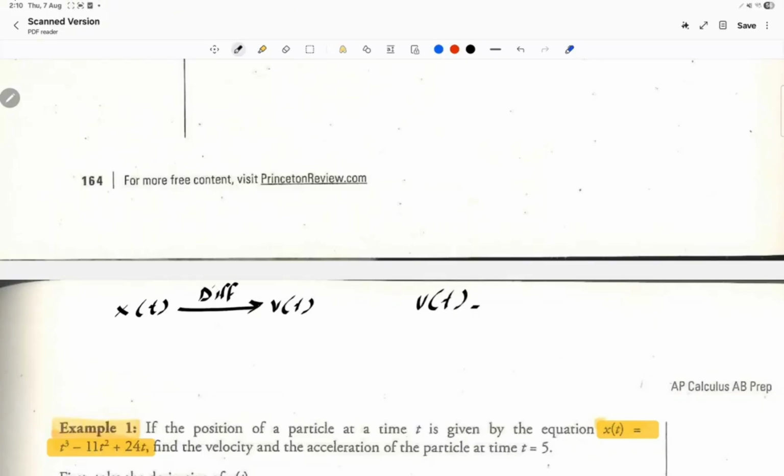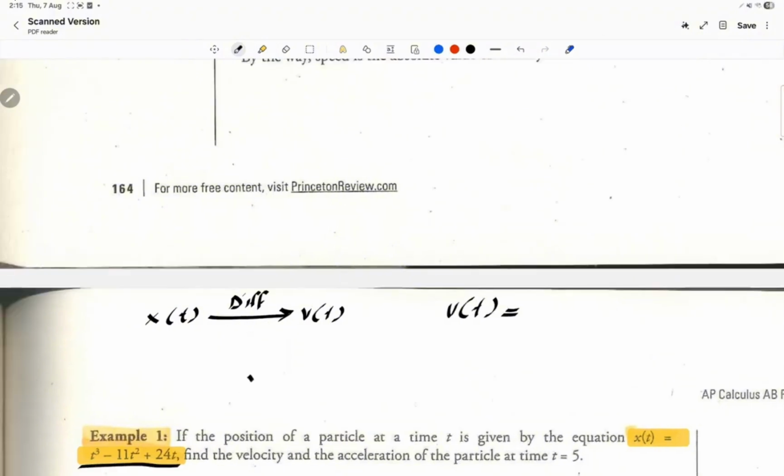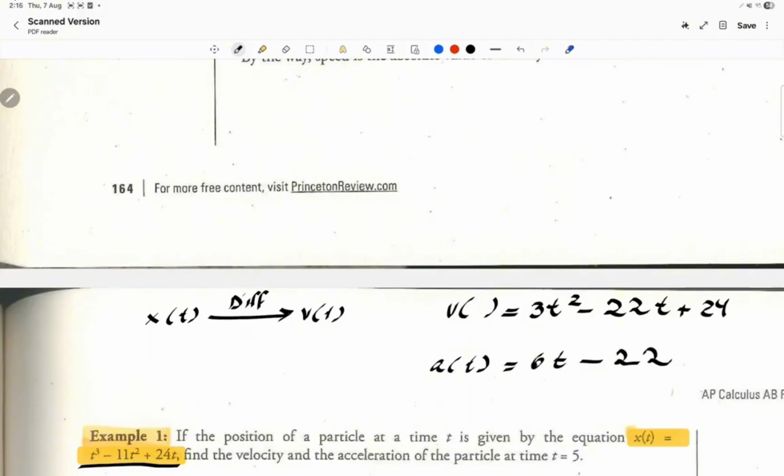So v of t is equal to 3t squared minus 22t plus 24, while a is equal to 6t minus 22. Now simply replace t with 5 in both of them, and that's how it works.